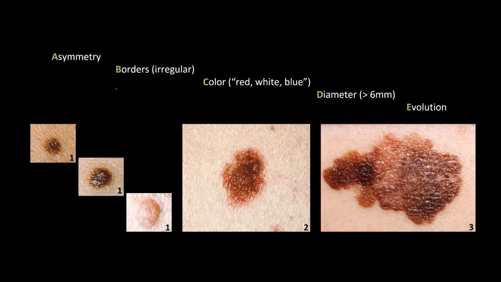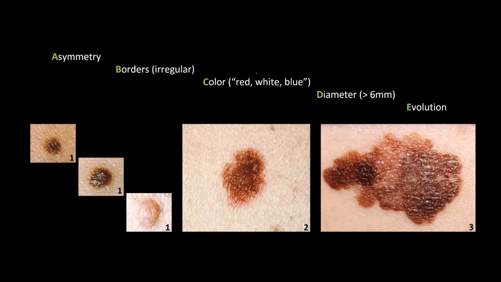As you can see, each letter stands for a different characteristic, and each of these characteristics is essentially a red flag that clues us into a potentially malignant process that might be going on in a pigmented lesion. Now, of course, one of the caveats to using such a simple framework is that not all dysplastic nevi or melanoma are going to have A, B, C, D, or E characteristics.